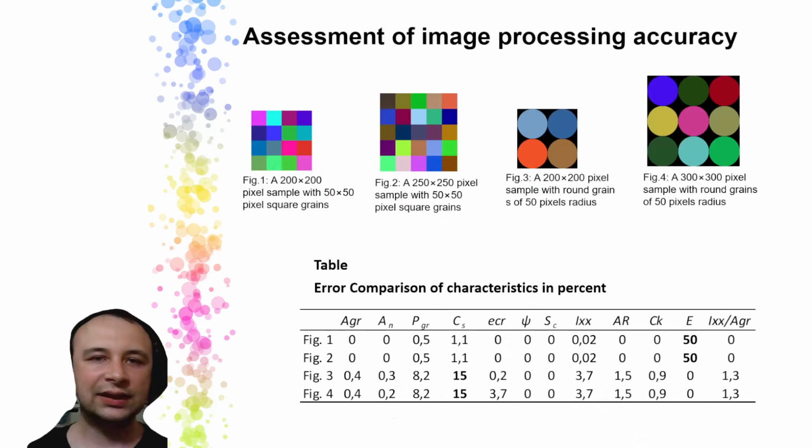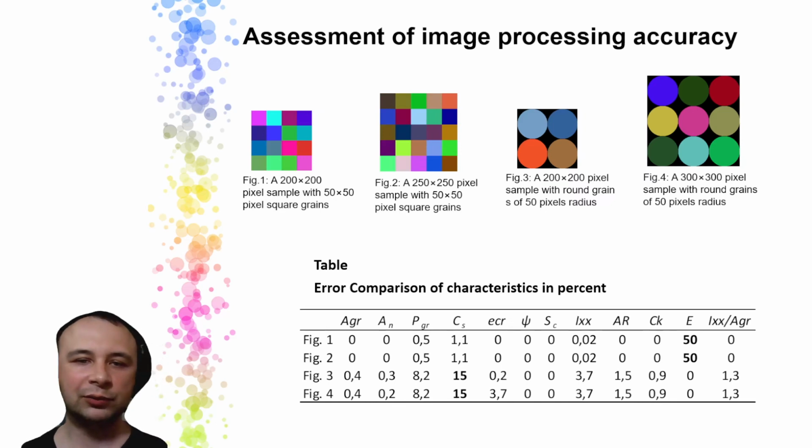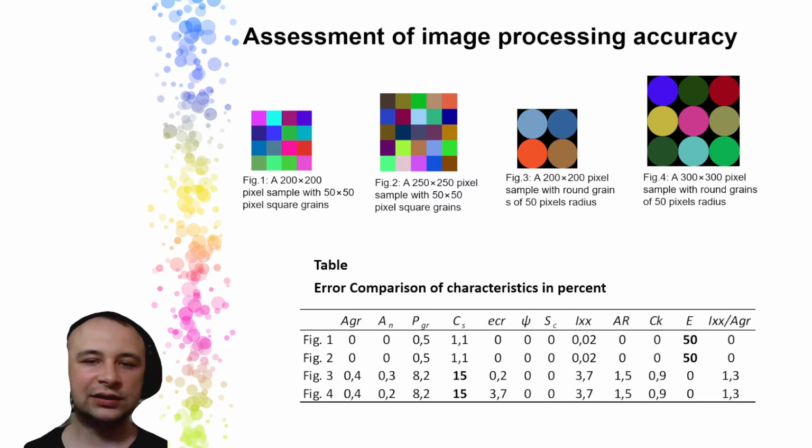To assess the accuracy of our developed algorithm, we test this algorithm with general simple images, as shown in figure 1, figure 2, figure 3, and figure 4. Figure 1 and figure 2 show rectangle-like images, and figure 3 and figure 4 show circle-like images. We obtain the next characteristics for these images.